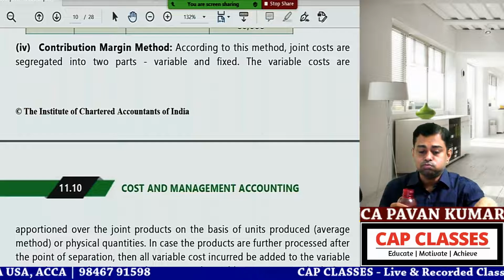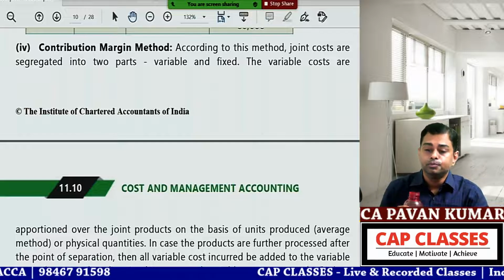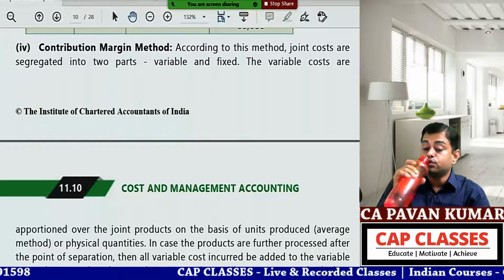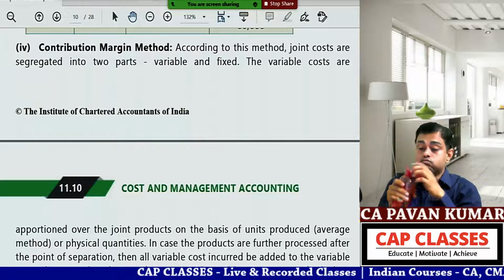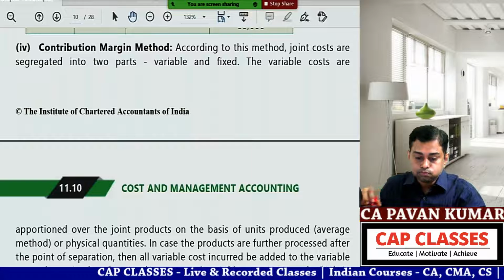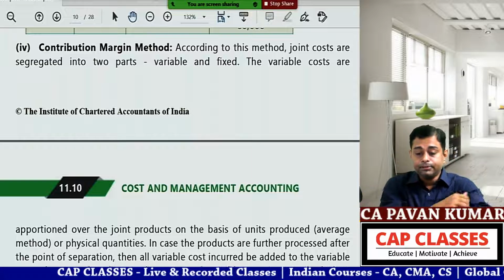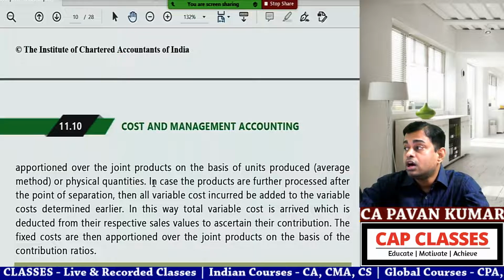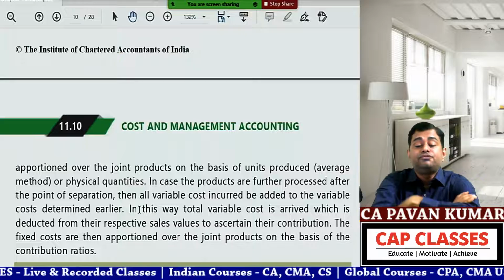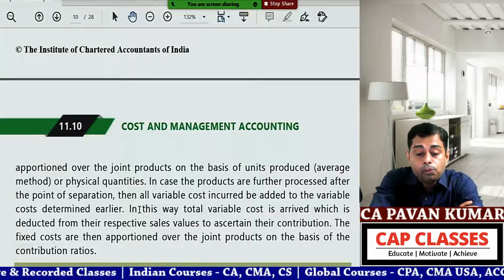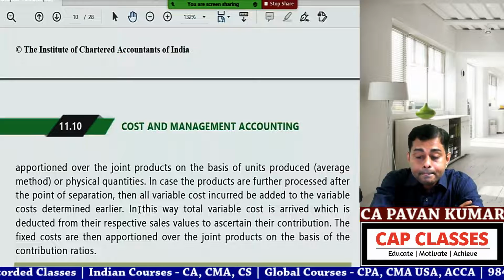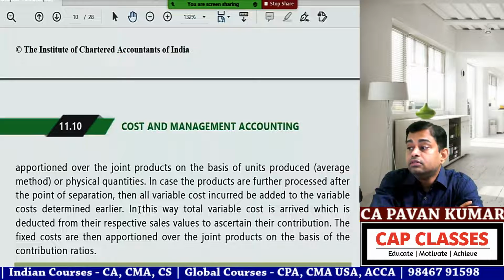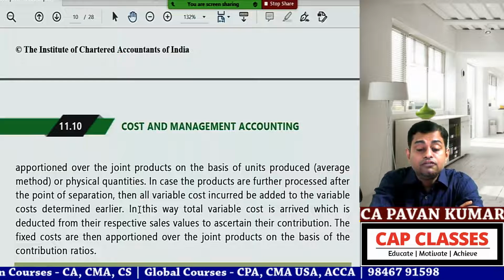Point number 2: variable costs are apportioned on the basis of units produced, that is physical quantity.